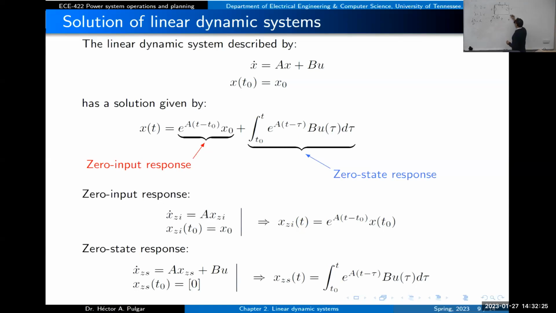Now, do you have any guess what would be the solution of this? What is the difference? The matrix is different. Probably this is too small for the camera. So in one case, I put this. What is the solution of that?